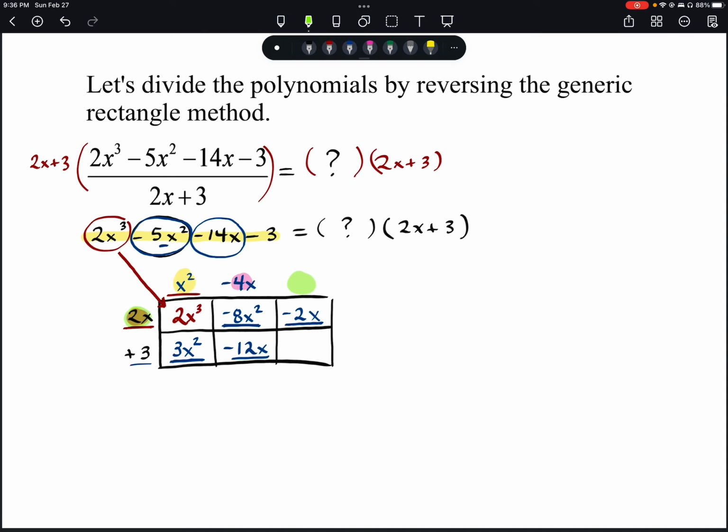Well, that'd have to be a negative 1. And then negative 1 times 3 is negative 3. So that means since we have negative 3 here and we have negative 3 already here, there's nothing left over. And our answer is x squared minus 4x minus 1.